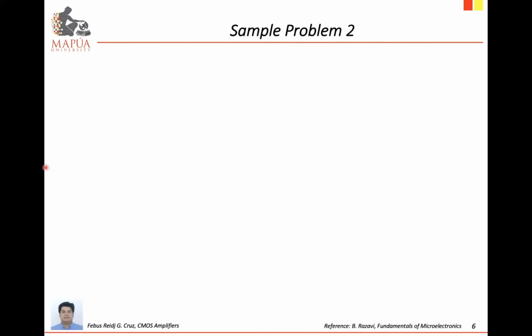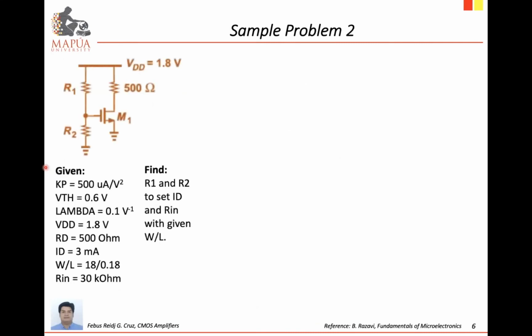Okay, if there are none, let's proceed with the next sample problem. We're given this time a voltage divider circuit with VDD equal to 1.8 volts, a drain resistor of 500 ohms. The drain current is specified to be equal to 3 milliamperes.